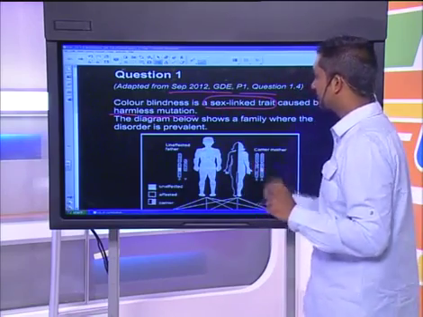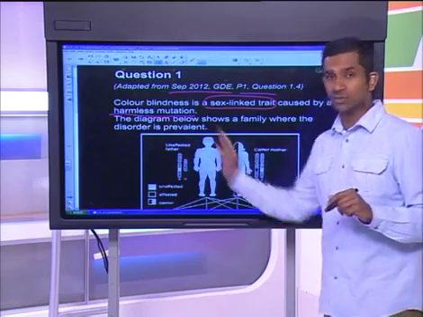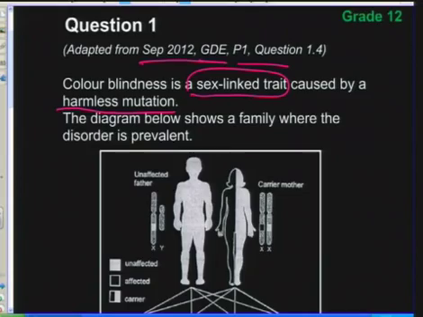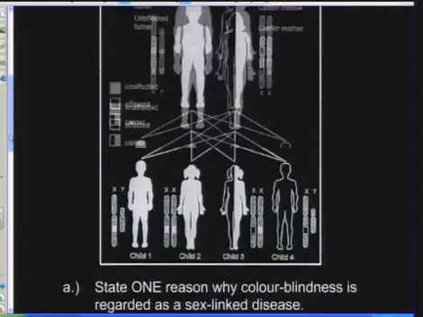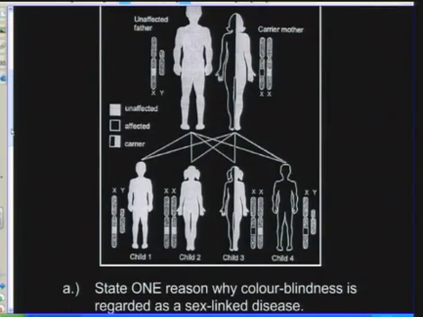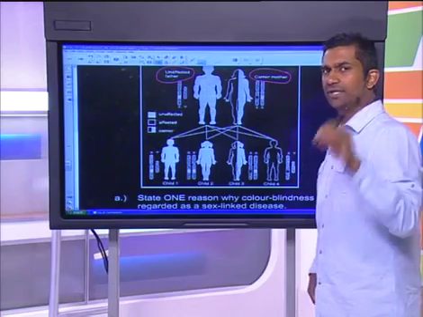So let's look at the diagram. The diagram shows a family where the disorder is prevalent. I'll scroll down very quickly for you. Okay, so let's look at the key. Here we've got a set of parents: an unaffected father and a carrier mother. Remember that a carrier mother refers to an individual that has both alleles, or is heterozygous.